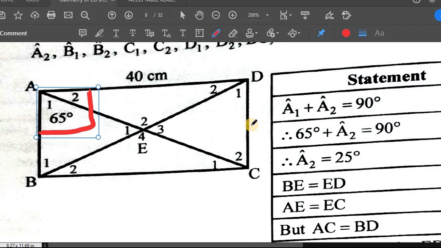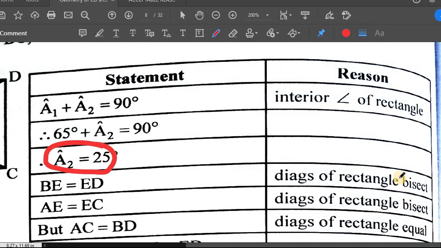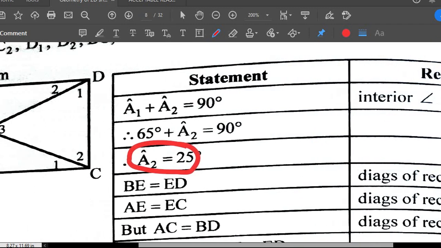Okay, there we go. So this is 90. So if they gave us a 65, we can say 90 minus 65 will give us A2, which is 25. Let's look at the reasoning behind that: interior angles of a triangle, and we know that that is going to be 90 per corner there, right?